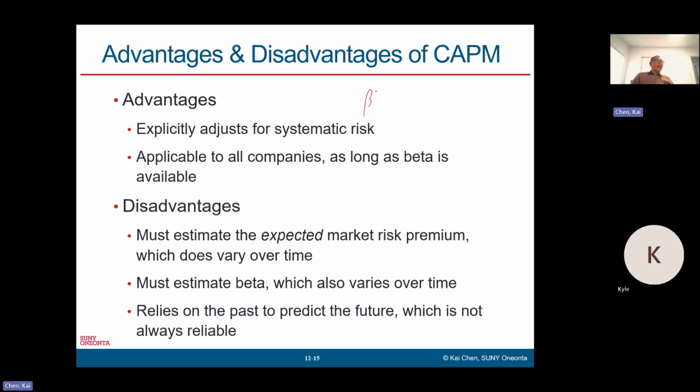If we write the CAPM, expected return equals risk-free rate plus beta times market risk premium. That is the market risk premium.